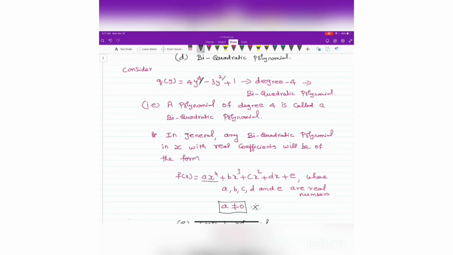So, you are having the powers as 0, 2, 4, all even numbers. In such case, we call this polynomial a biquadratic polynomial.